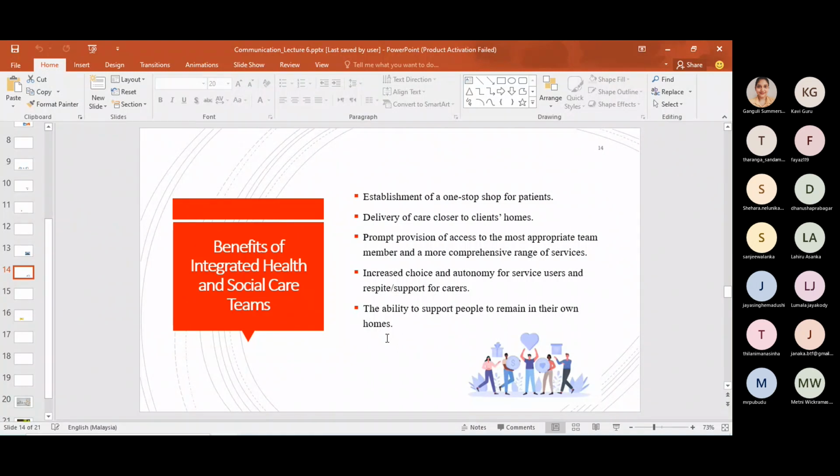And you can give a lot of choices to your clients, and you can give better support to your clients and service users. You can also support people to remain in their own homes.